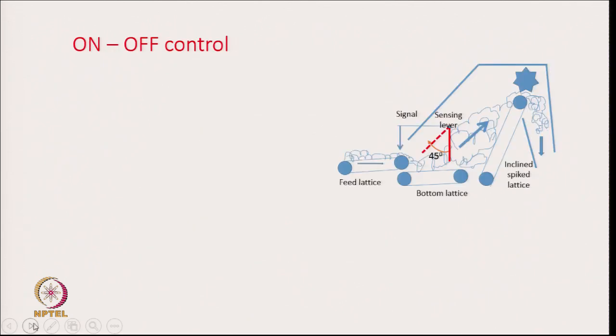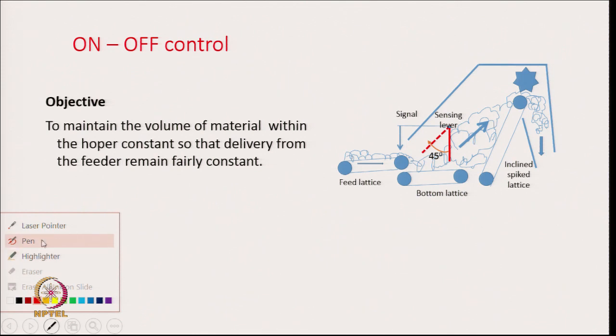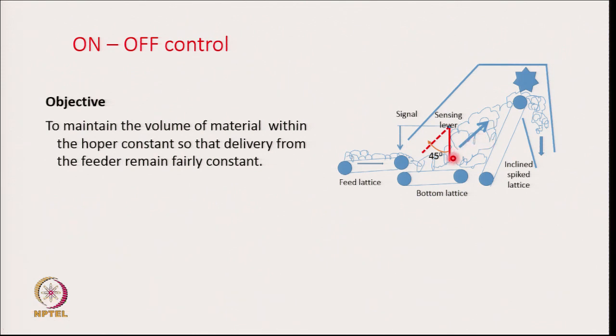First we will discuss about on off regulations. On the right hand side we see a sketch of a bale opener or hopper feeder, whatever you say, that typically looks like this. The red line that you see here is basically a sensing lever.